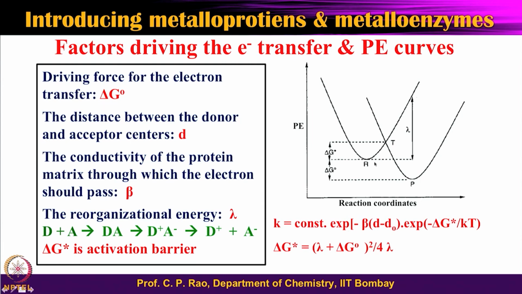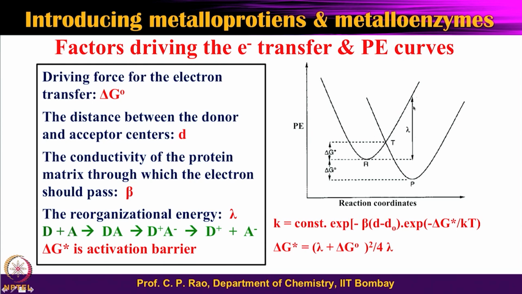So, the T here is the transition state or the activated complex, and this has some energy, which is shown over here as delta G star. So, delta G star is the activation barrier or activation energy; you can call it either way. The greater this value is, the lower the reaction rate, the catalytic rate, or the electron transfer rate. So, smaller is better, of course, in this case. That means more energy transformation.